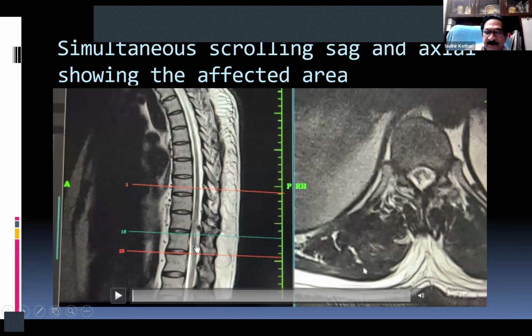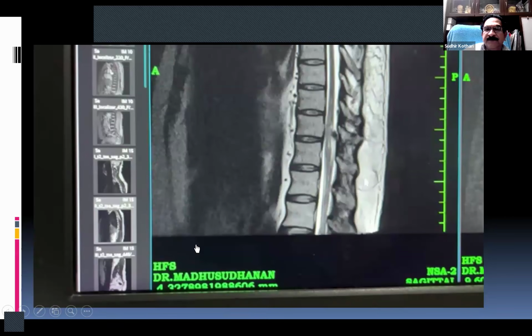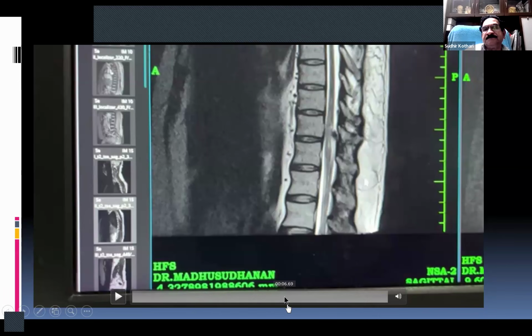For that, you should look at the previous one, let me see the previous one. That is not clearly shown here. You should count, then only you get it. This must be L1 also. This is D11, D10, D11.